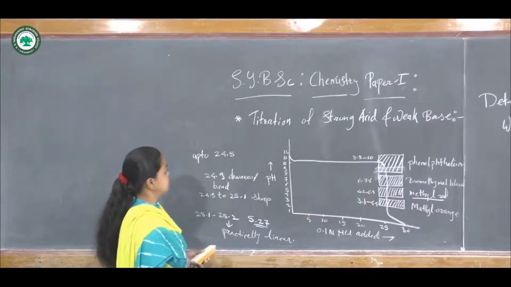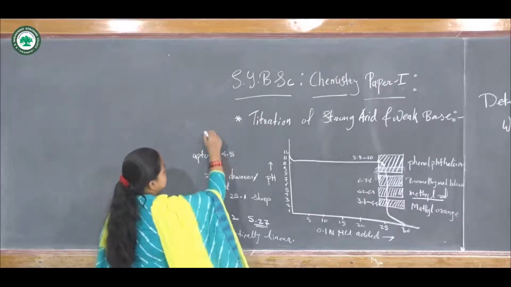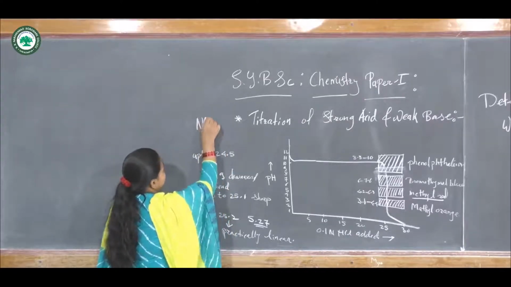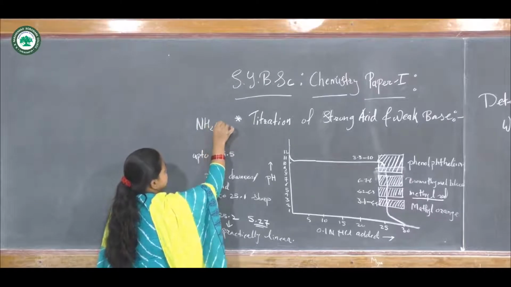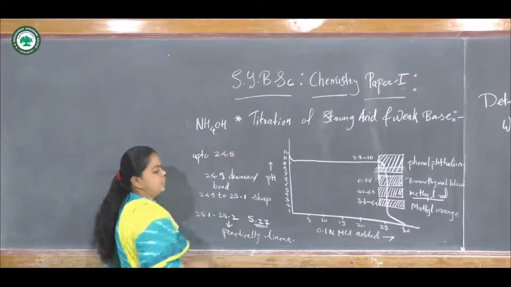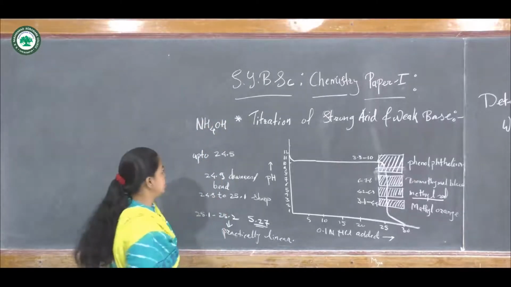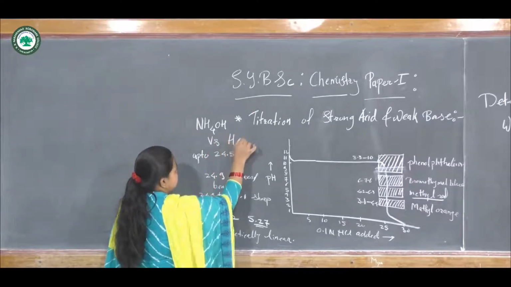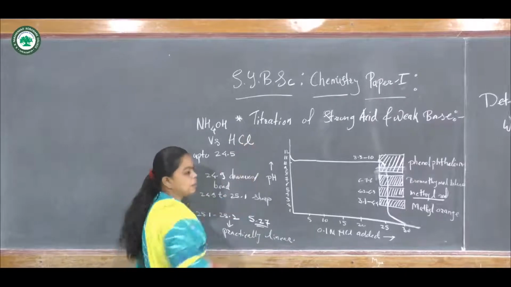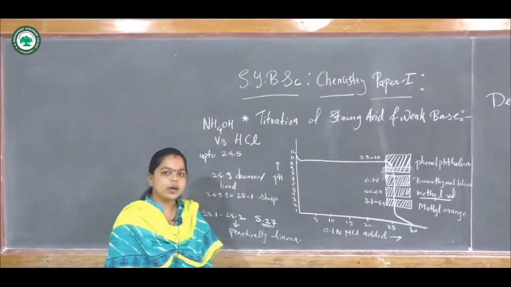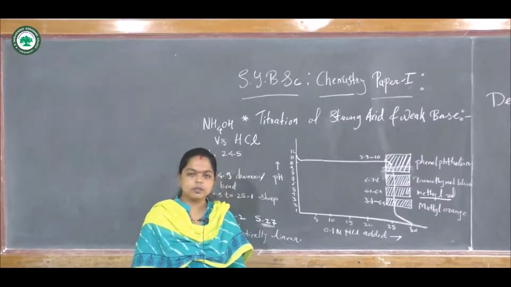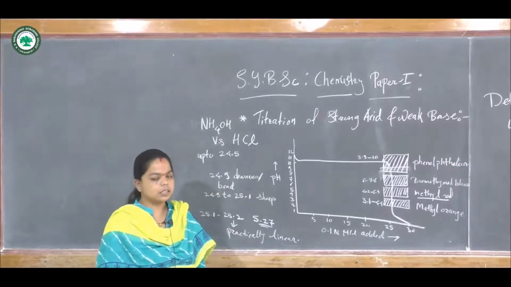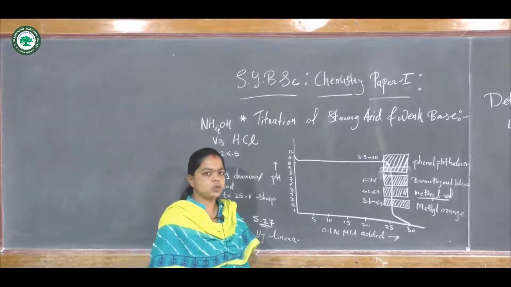For example, we can consider the titration of a weak base like ammonium hydroxide with the strong acid, HCl. So NH4OH is the example of the weak base and HCl is the example of the strong acid.